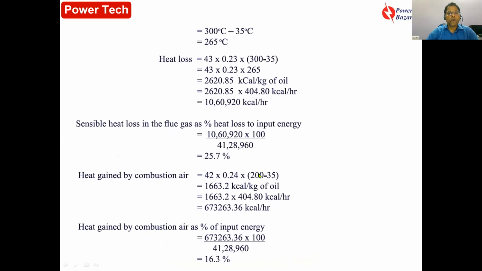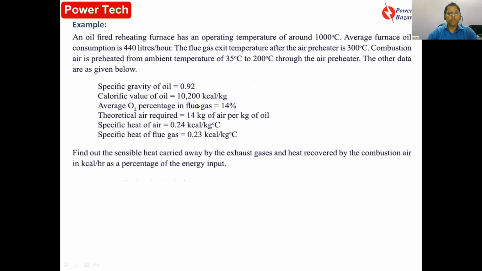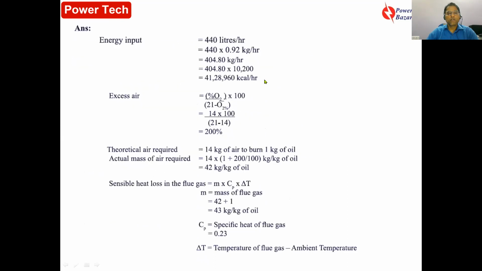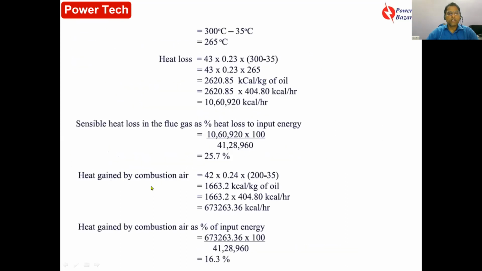Then 200 minus 35. 200 is the air preheating final temperature, which is also given here. So by doing this, we can find out the heat gained by combustion air is almost 67,263. Just divide it by the energy input, which is almost 16.3%.